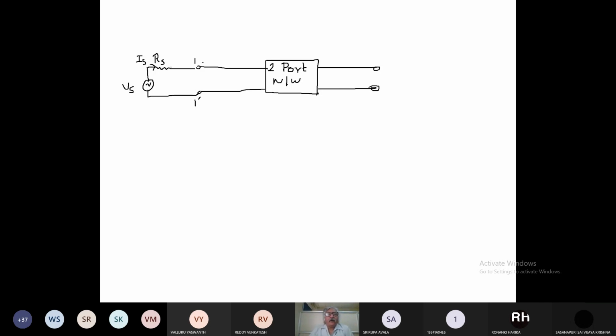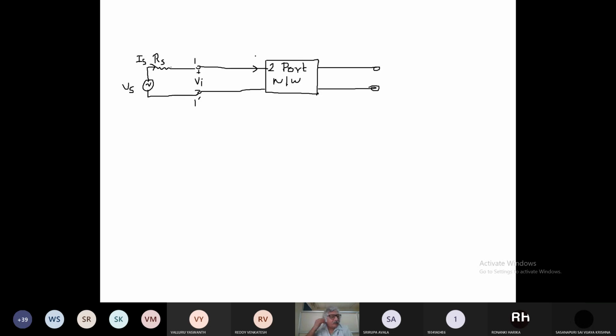There will be some drop across this Rs. Now at terminals 1 and 1 dash we have a voltage, which we call Vi, the input voltage to this two-port network.